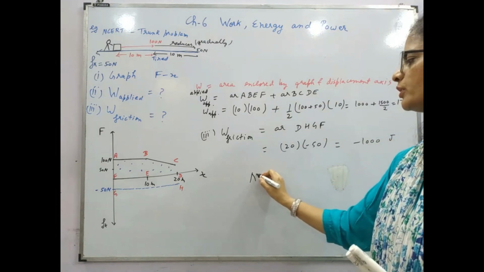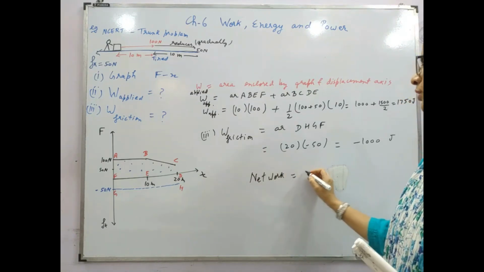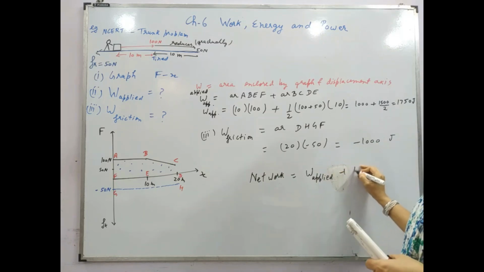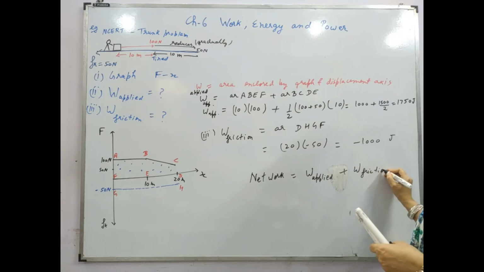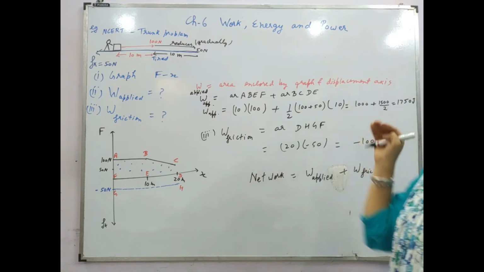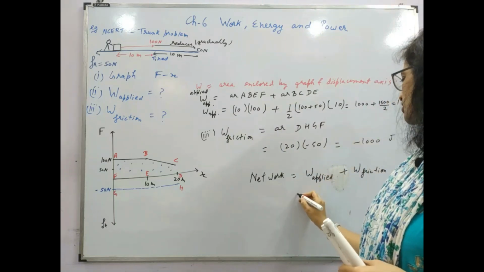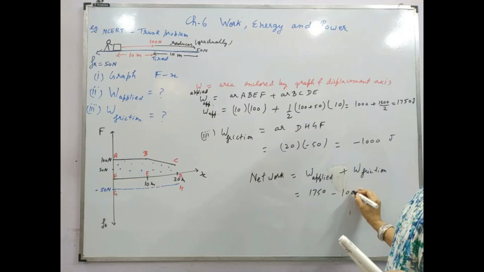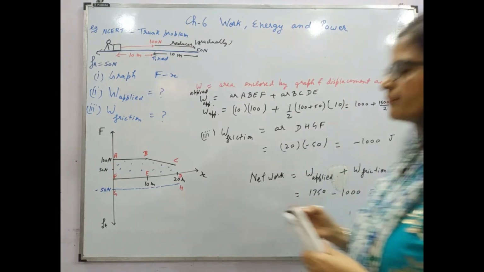So net work, though they have not asked, is the total area, work by applied plus work by friction. So work done by friction force is always negative because the friction is opposite and displacement is in forward direction. So this will give you 1750 minus 1000. This gives us 750 joules.